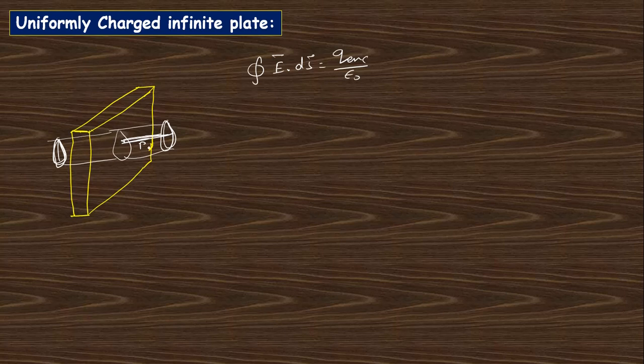For the curved surface the flux is 0, only the plane surface contributes, and the charge is sigma into 2a, because there are two charged planes, the front side and the back side, so the charged area is 2a. So you finally obtain sigma by epsilon naught. This is the difference.